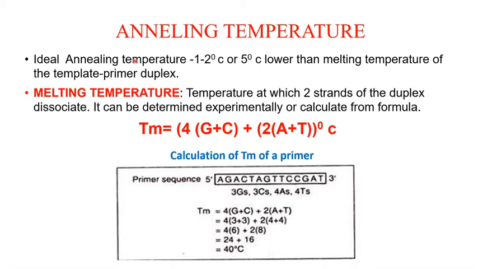So the ideal annealing temperature should always be 1 to 2 degrees, or 5 degrees, lower than the melting temperature of the template-primer duplex, which is very important in designing of primers. These primers play an important role and the melting temperature should be thoroughly checked during the PCR process.